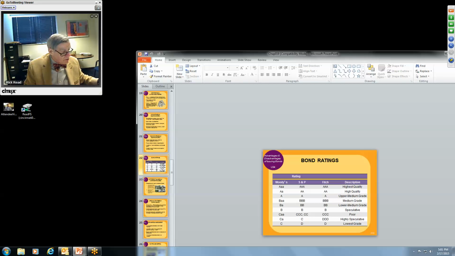But one of the things I do want to point out to you is, this is figure 19.3 on page 351, the bond ratings firms have been under a lot of scrutiny because they really missed the mark in doing what they were supposed to do before and during the financial meltdown. Probably before more so than during, because they were rating companies higher than they should have been rated, particularly banks and other financial institutions.